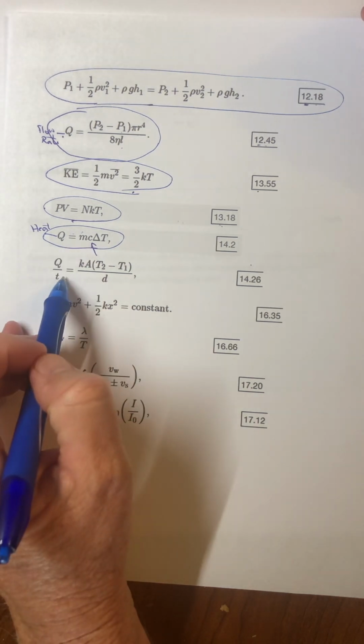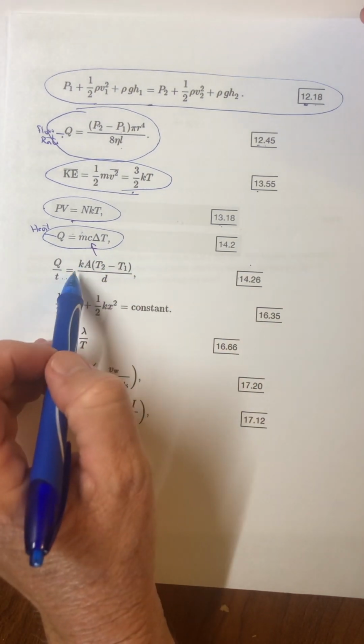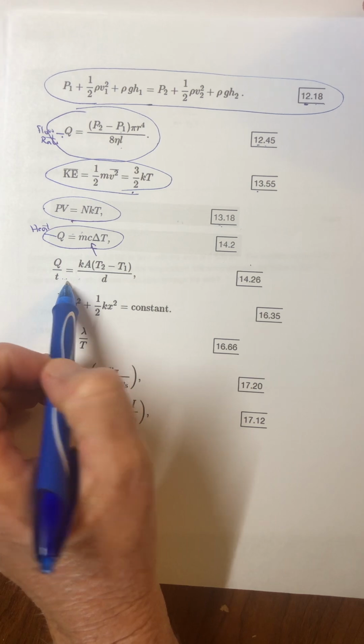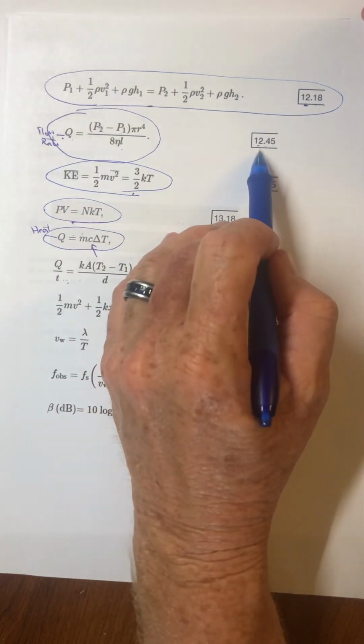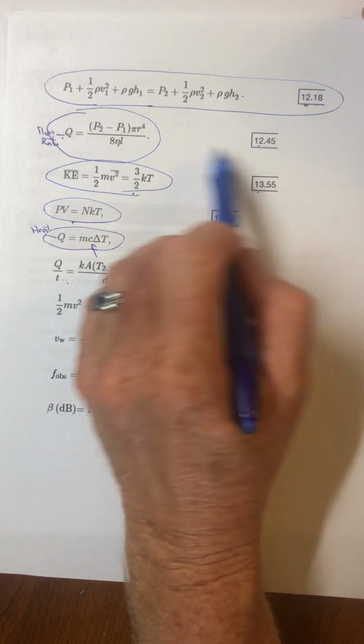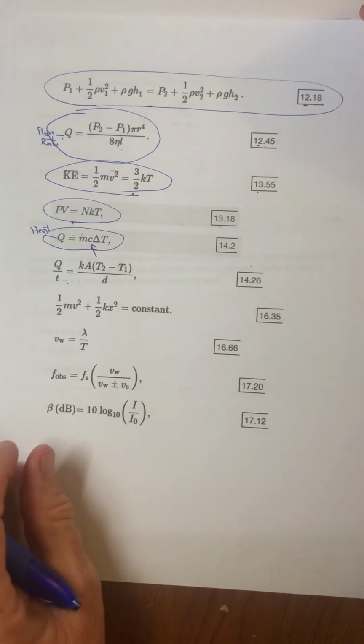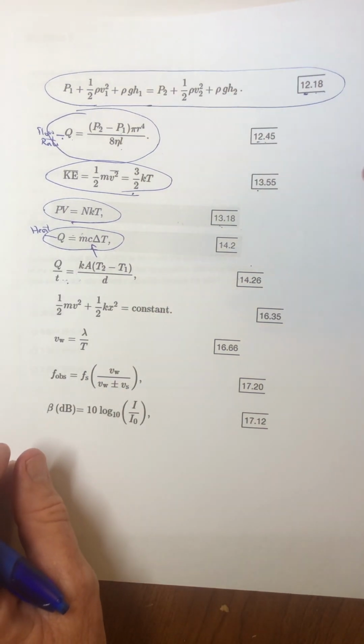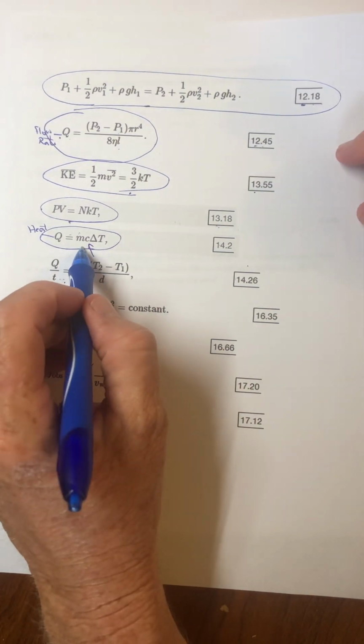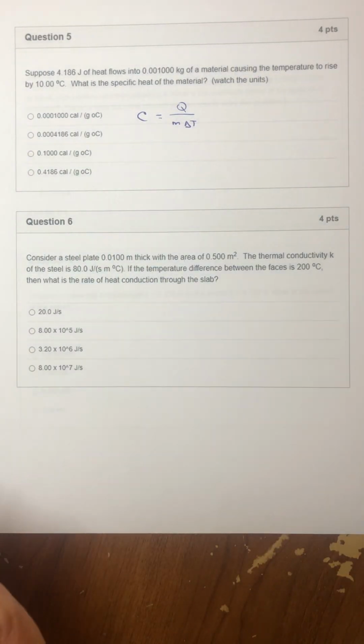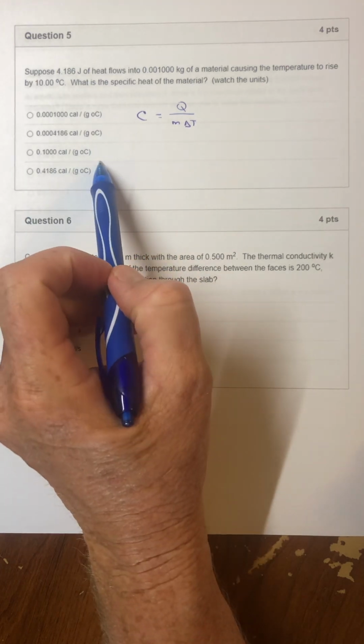So this Q and this Q, which is out of the thermodynamic stuff, is all heat, whereas this Q is the flow rate from our fluid dynamics, and so that is the flow rate.